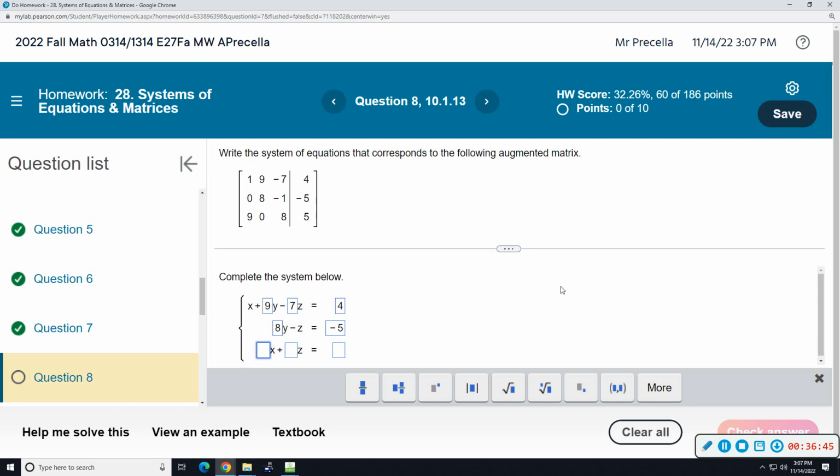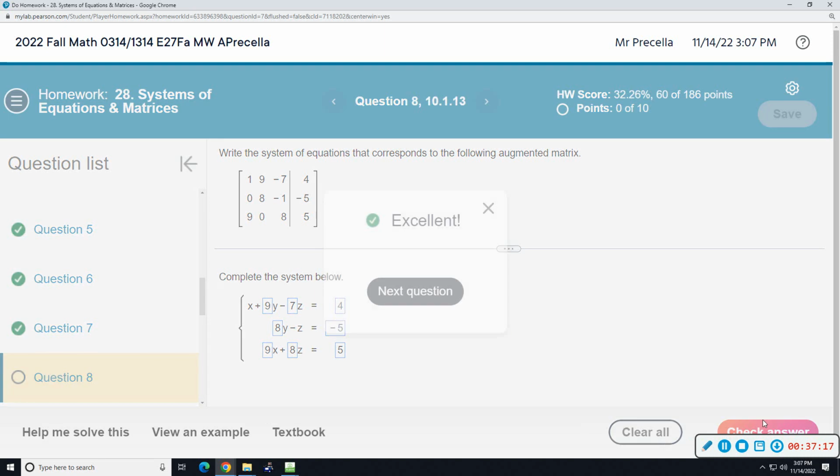I prefer these things to have the variables all lined up, but it was a sloppy programmer that wrote this problem. I just think it would look nicer if they were more lined up. But anyway, what number am I going to put there? 9. There's no y, because there's a 0 there. And what is this? 8, 5.